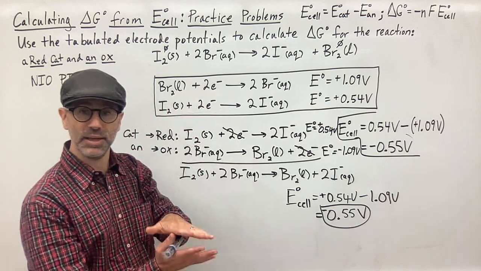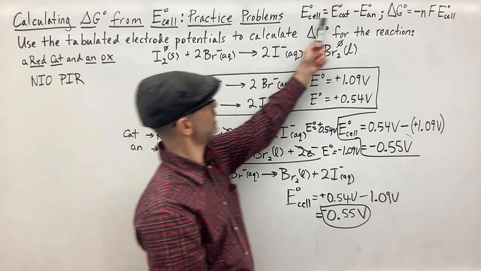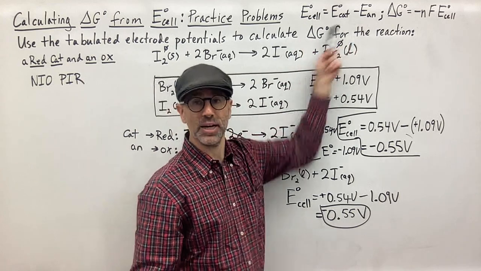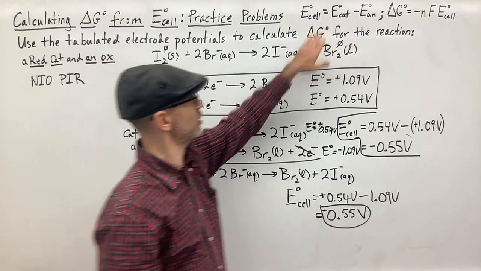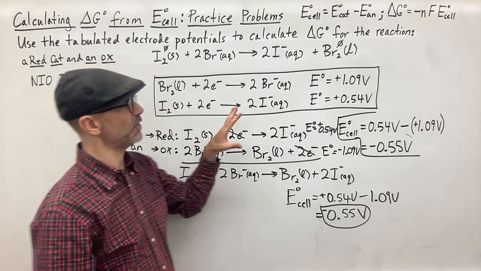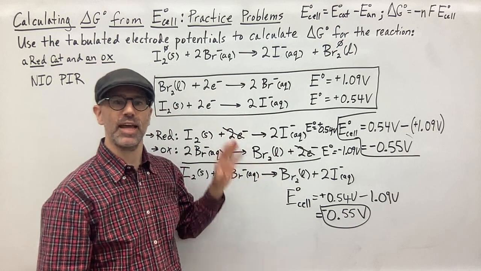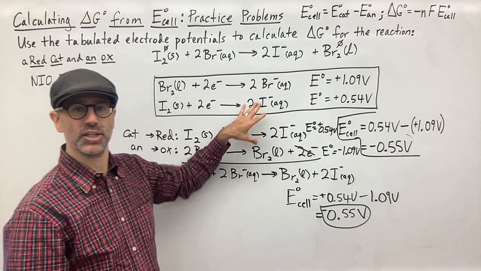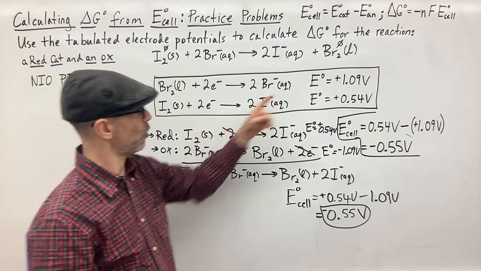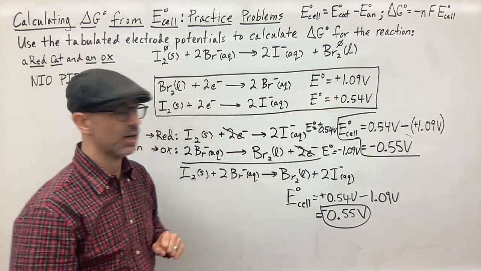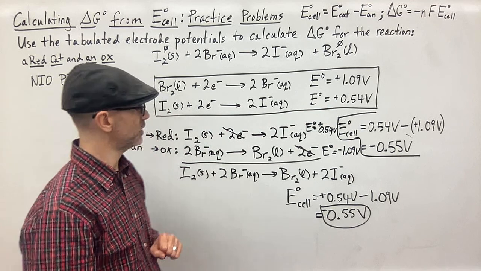And then you add them together, which is essentially what this equation is doing, but it's not really showing you that. So that's why this equation works. It's because if it's oxidation happening at the anode, then you're flipping the equation around, and therefore you have to change the sign of your electrode potential.